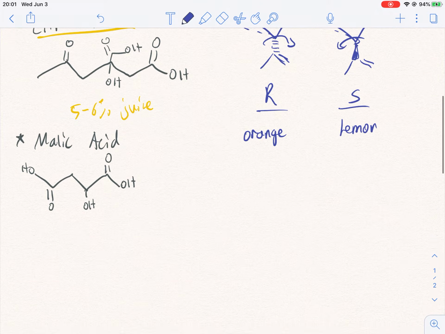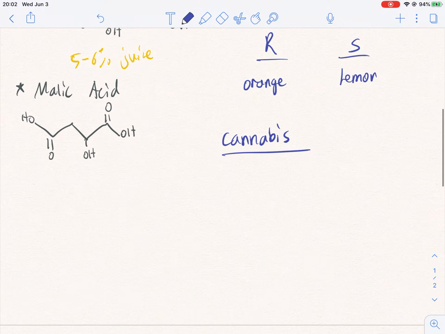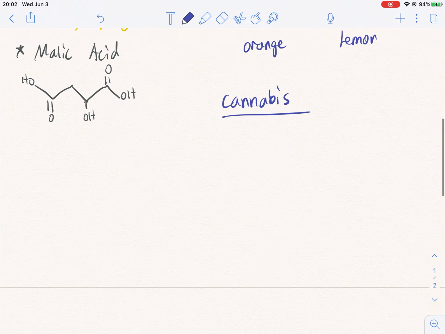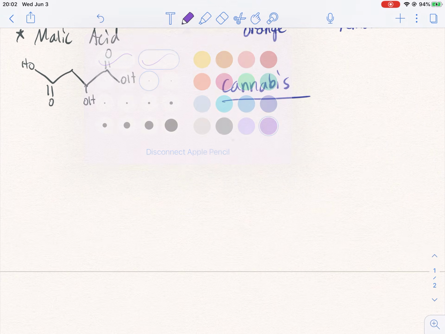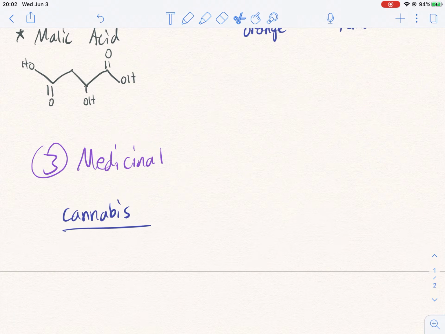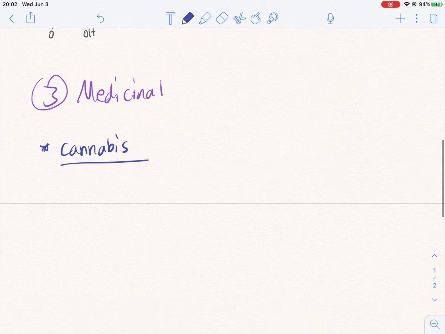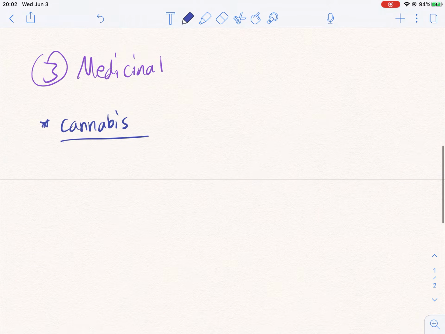Limonene is also a common terpene in the cannabis plant, and its medicinal properties have been studied, so we'll go to our third category, which is medicine. Its properties have been heavily studied because of its involvement in the cannabis plant, and it gives the cannabis plant some of its smell and its taste. It comes across as very citrusy and sharp.